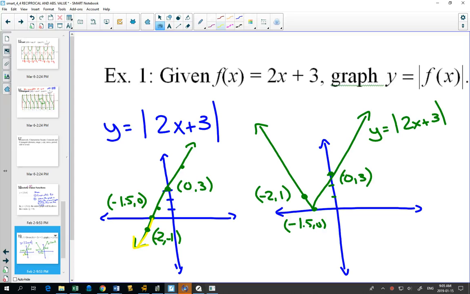Okay, you want to say 3 to the left, but we have to write it in factored form first. So you would first have to factor out the 2, do a horizontal compression by a half, making it narrower, and then translate it 1.5 to the left, or 3/2 to the left, and we would get the exact same graph. However, in this situation, I think it's much easier just to graph the line and flip the negative part up.